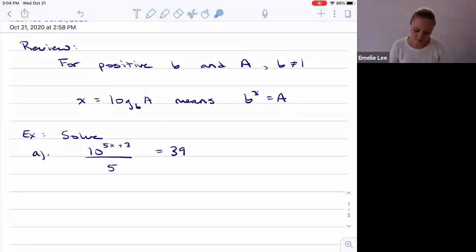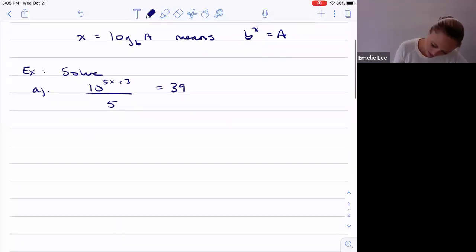So probably rewrite this as a log, because I've got this x in the power. If I want to bring that x down, I have to rewrite it as a log. So we can multiply both sides by 5, and we get 10 to the power of 5x plus 3 is going to be, and I've already got it here, 39 times 5 is 195.